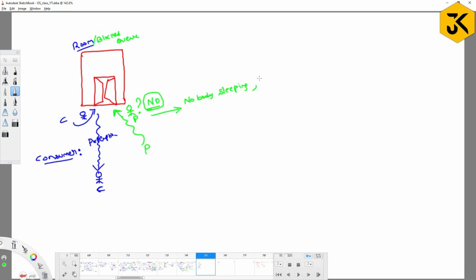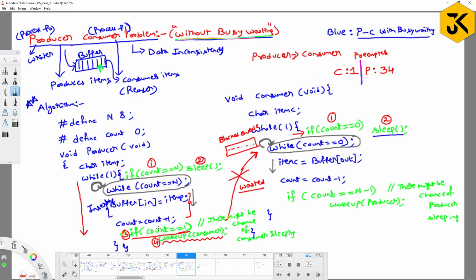I can happily produce the items. Right? So when count is equal to 1, the wake up call is wasted. Fine. But as there is no person there, I can produce as many items as possible.